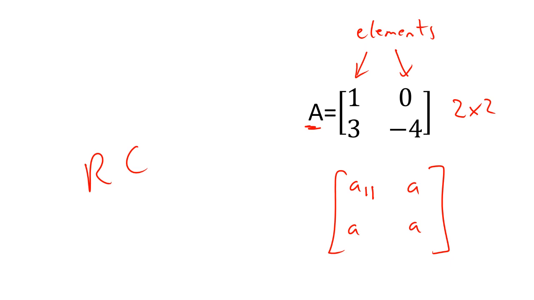Now, if we look at the 0, it's in the first row, second column. And if we look at the 3, it's in the second row, first column, so we'd say 2, 1. And the last number, the 4, is in the second row, second column, so it is 2, 2.